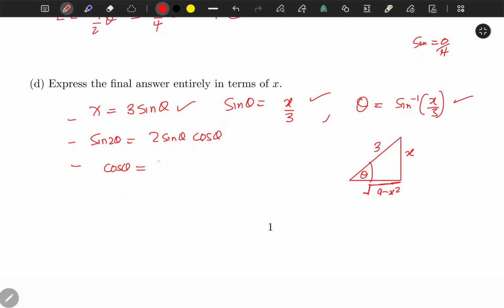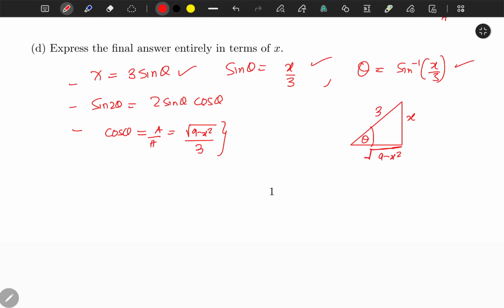And we know that cos is adjacent over hypotenuse. So the adjacent is root of 9 minus x squared over the hypotenuse 3. So this becomes our cos theta. Now we can go back and substitute.